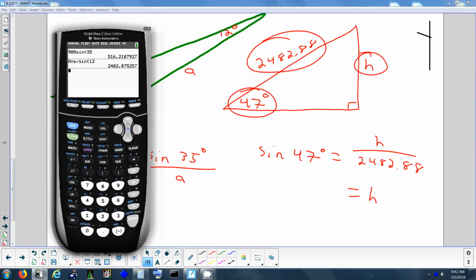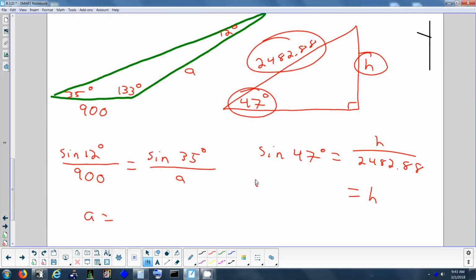So multiply the sine of 47 times the hypotenuse. The only time you need inverse sine is when your variable is inside the sine function or cosine function. Okay, so we get a height of 1,815 meters. Or 1,815.9.